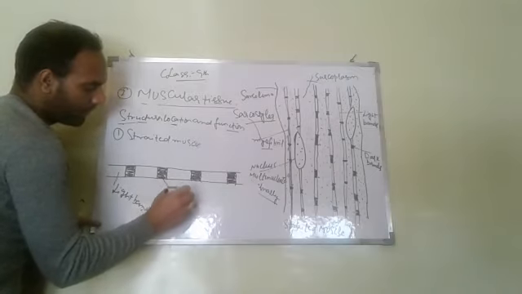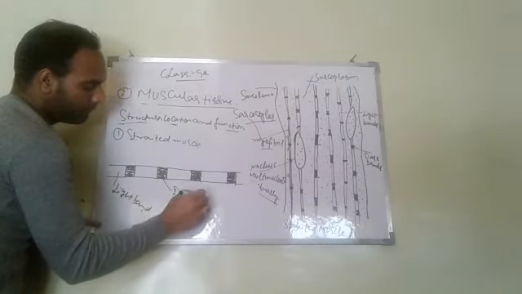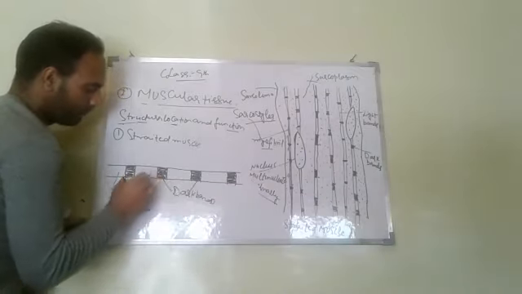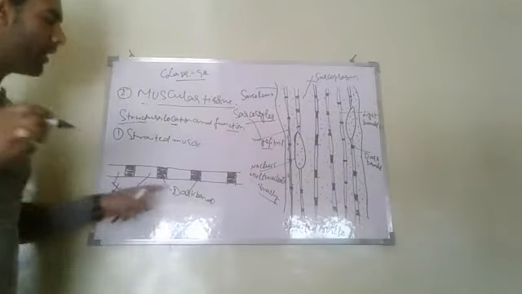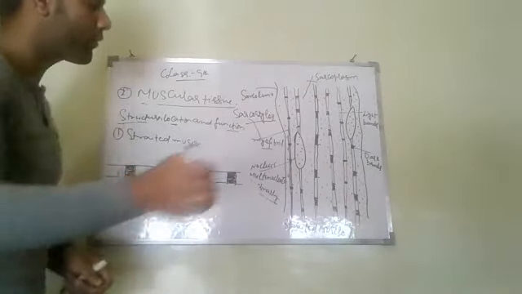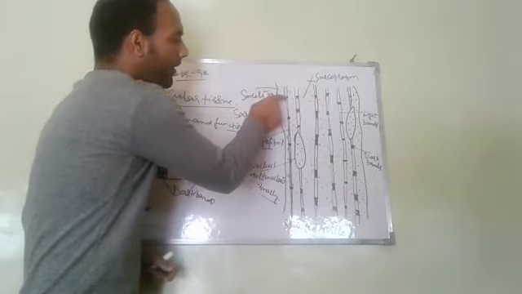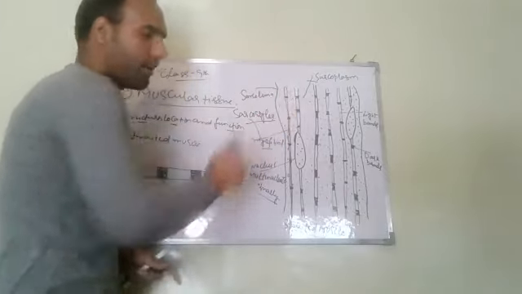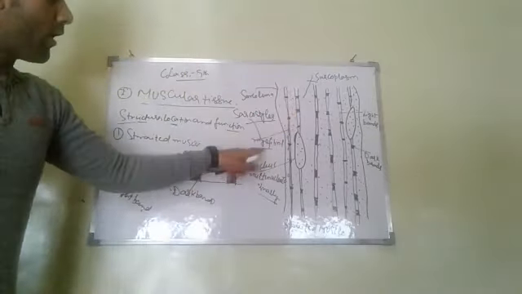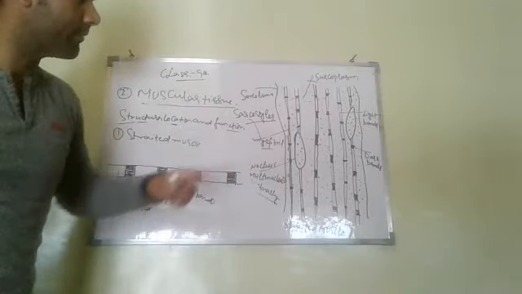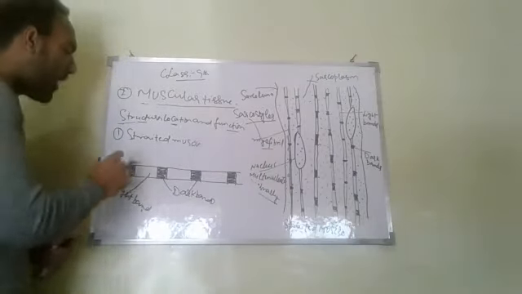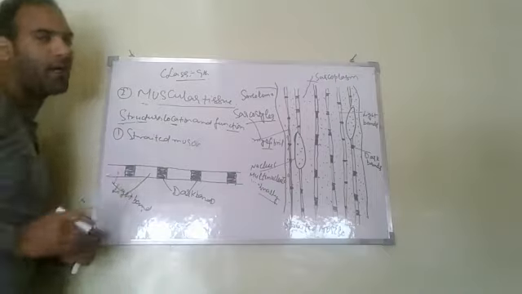These are dark bands. These are light bands. If we take a single myofibril, look here: light band, dark band, light band, dark band, light band, dark band. A single myofibril or single sarcostyle of this striated muscle fiber shows alternate light and dark bands.